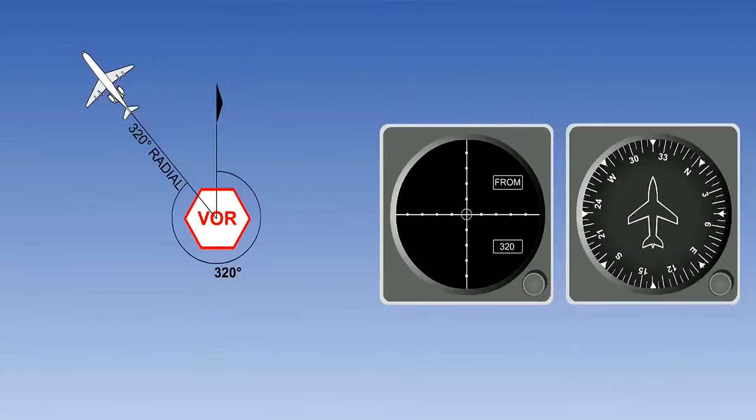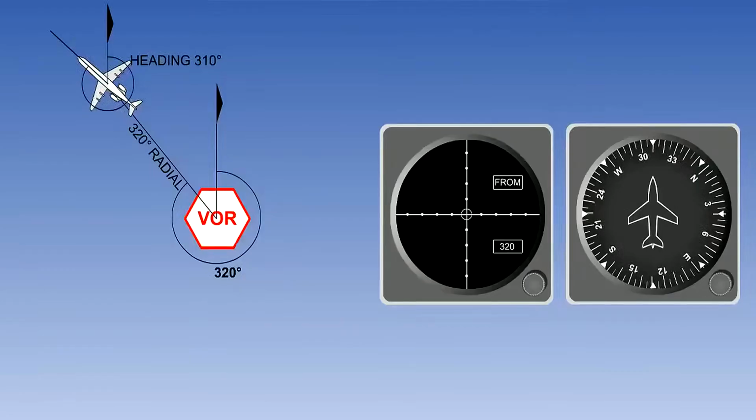If you are flying in still air away from a VOR on a chosen radial, your heading will be the same as the radial. If you fly away from a VOR on the 320 radial, your heading will be 320 and the flag on the CDI will show from.